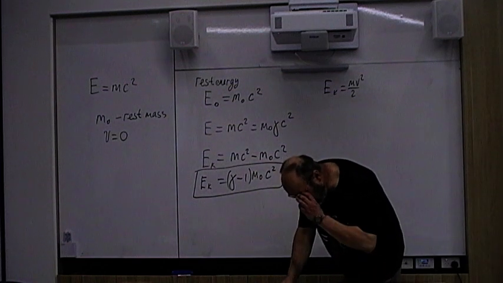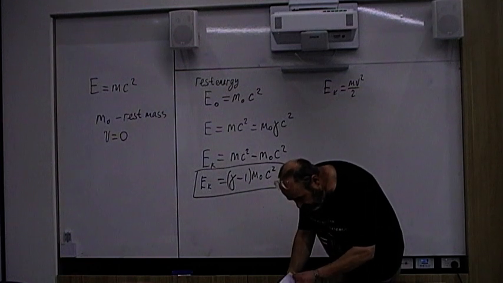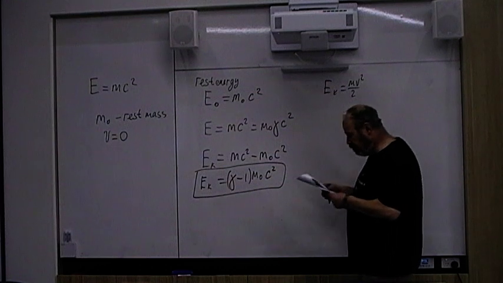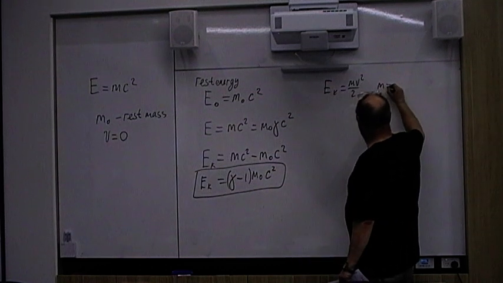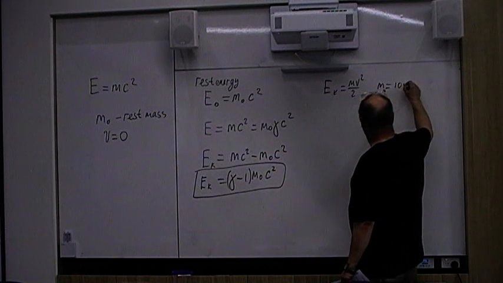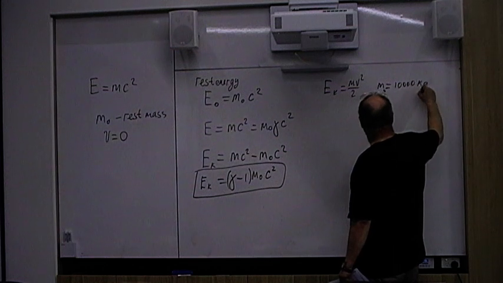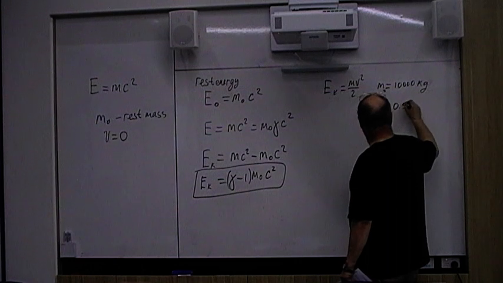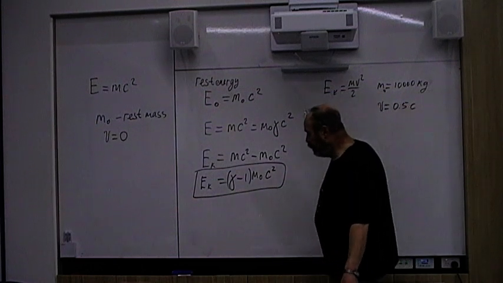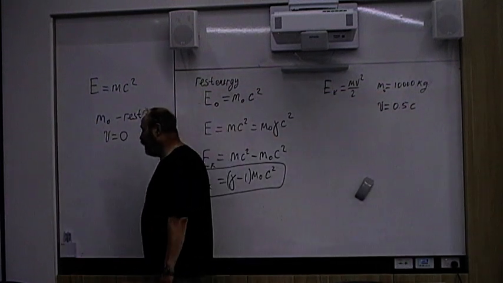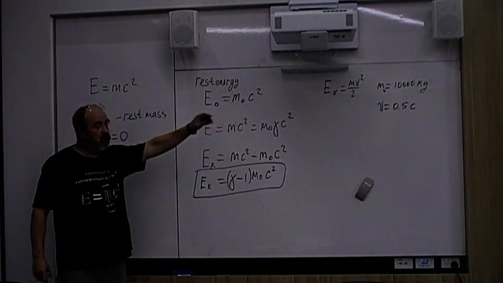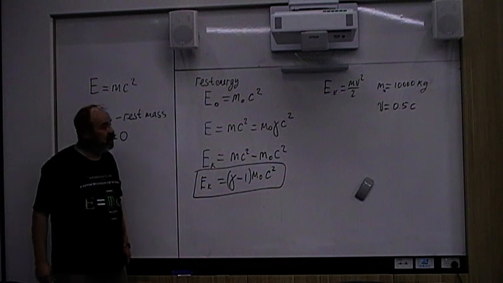So let's take, for example, a mass of 10,000 kilograms moving with a speed equal to half of the speed of light. What will be its energy according to Newtonian mechanics?